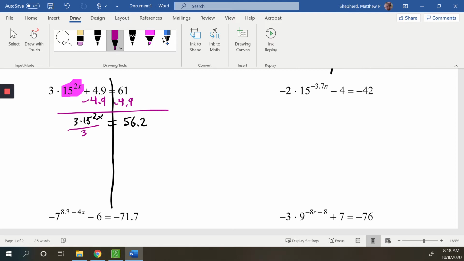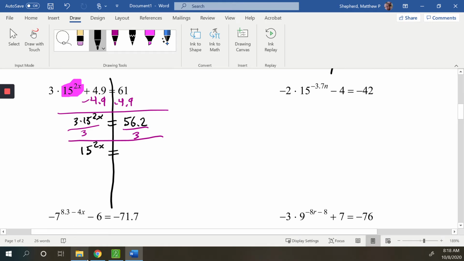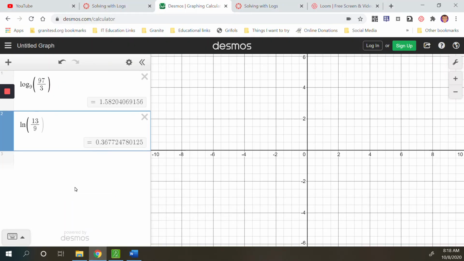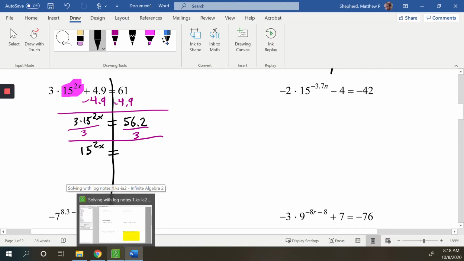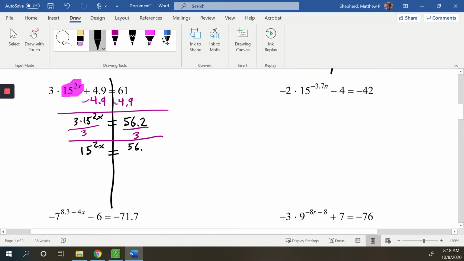Now let's divide by 3. So we have 15 to the power of 2x is equal to 56.2 divided by 3. Let's see if that quickly divides evenly. No, so we'll just leave it as a fraction. Would have been nice, could have saved me some writing.